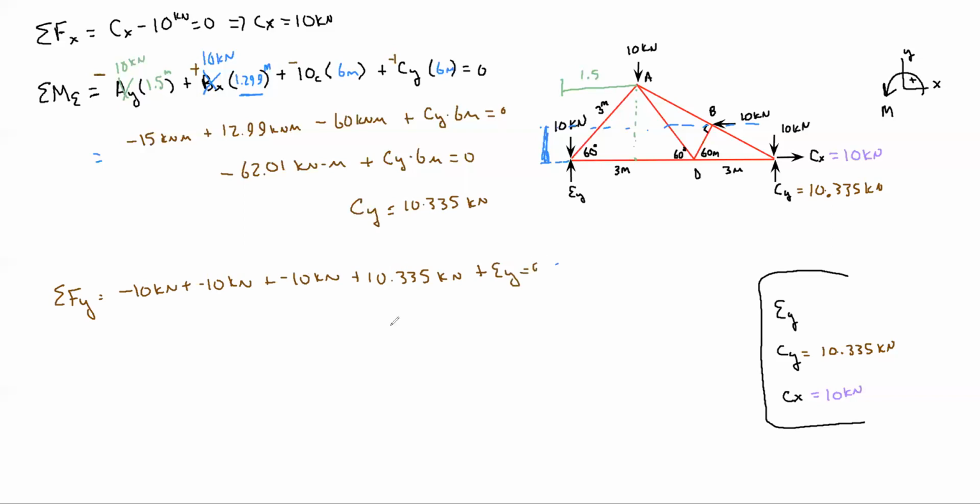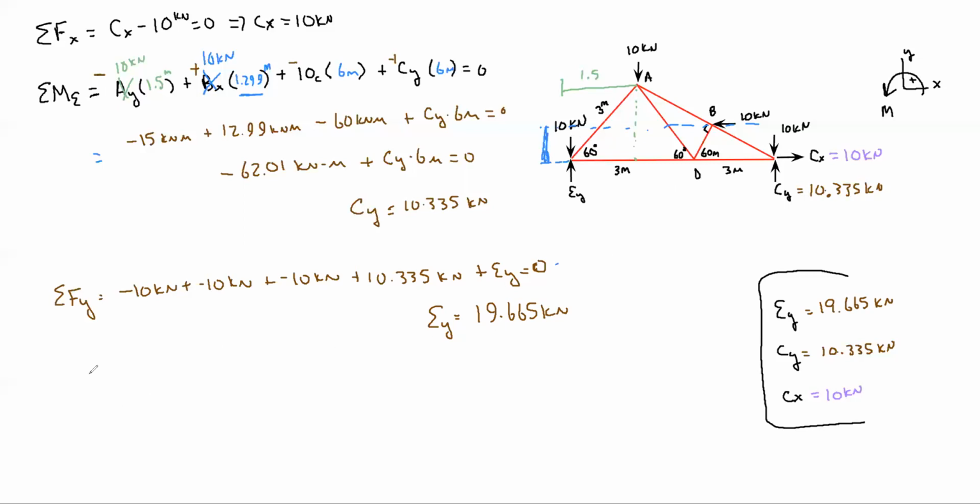If you add all that together, add to both sides, we get the calculation that the reaction EY is equal to 19.665 kilonewtons. So as oddball as the shape is, because we had to find some distances, we are able to get all 3 of the forces using the equilibrium equations.